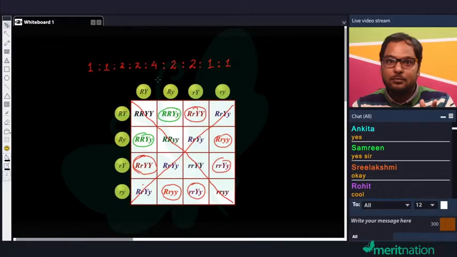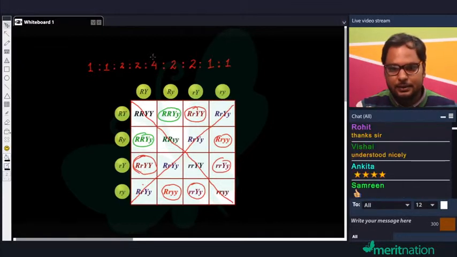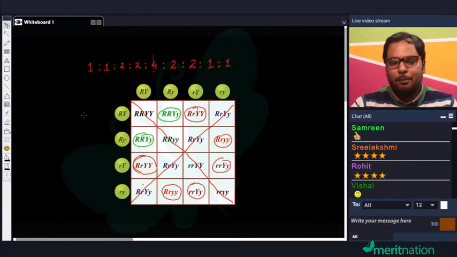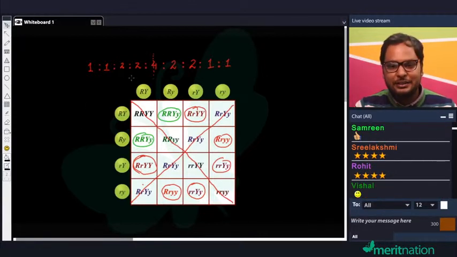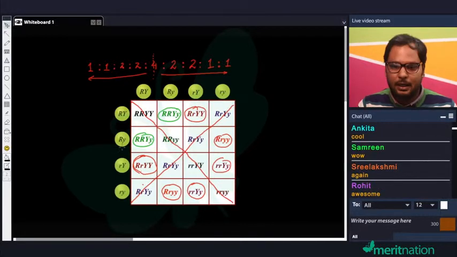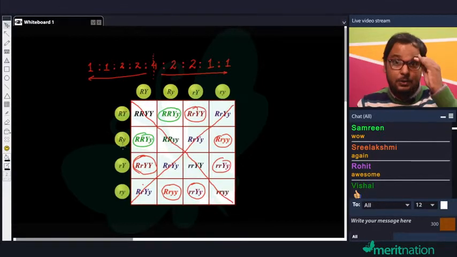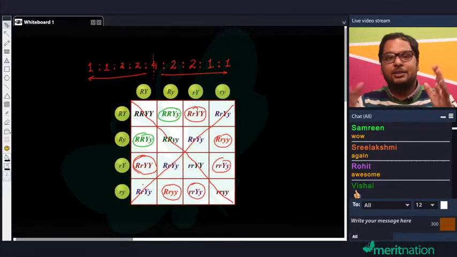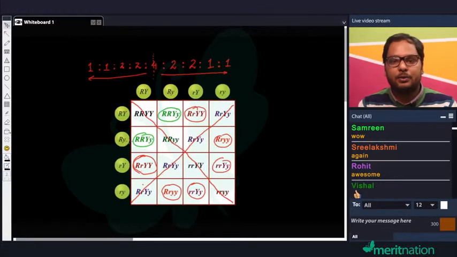Again, simple, just magic. Or you can just draw a mirror image on 4, so this one is a mirror image of this one. Isn't it amazing? So this is exactly the genotypic and phenotypic ratio of Mendel's dihybrid cross.